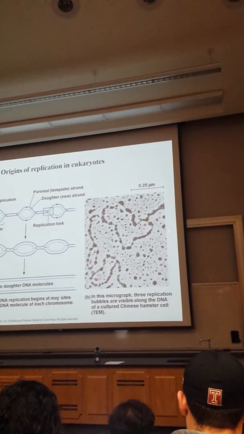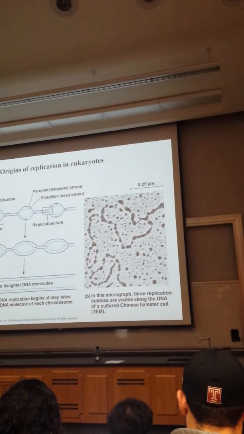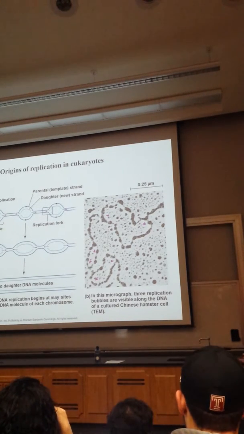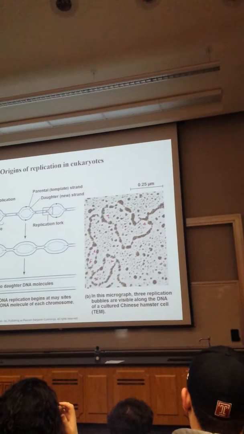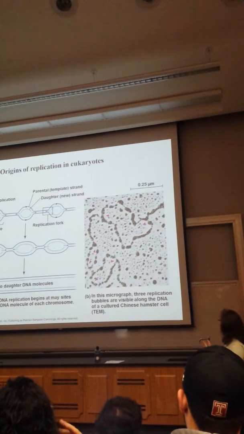This is a transmission electron micrograph showing origins of replication along the chromosome of a Chinese hamster cell, which basically uses the same mechanism as our own cells for replicating DNA.